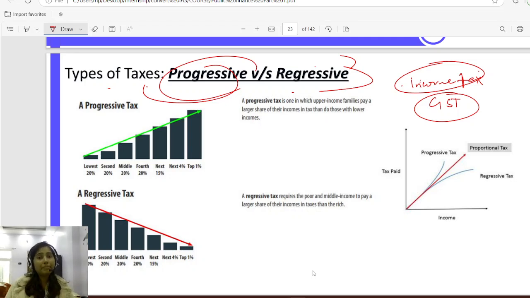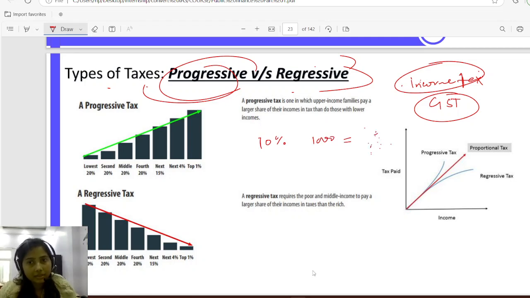Above 50 lakh you will be paying surcharge as well, cess as well. So different amounts of tax will be imposed based on your income. If you are earning less, you will be paying less tax, but if you are earning more, you will be paying more tax.